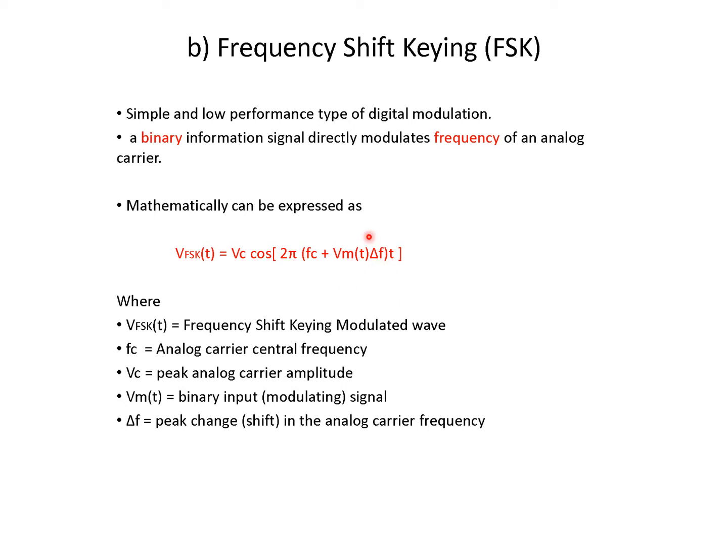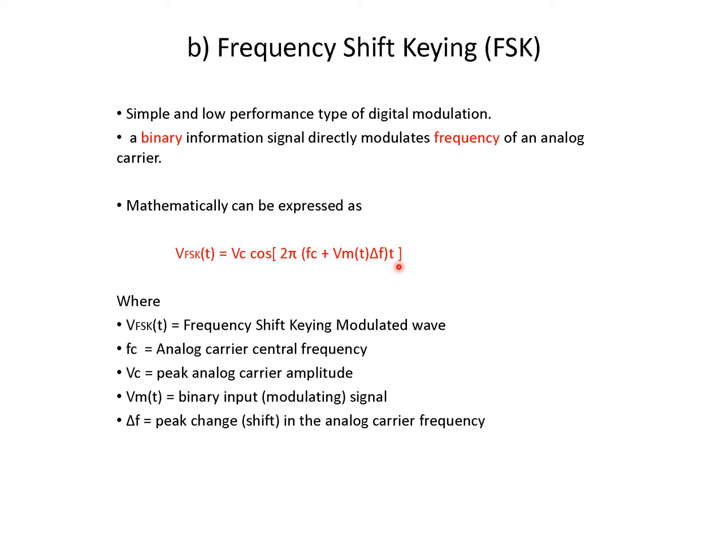In ASK, we added the Vm of t in the amplitude parameter, because it was an amplitude modulation. Here Fc is the analog carrier frequency, Vc is the peak analog carrier amplitude of the signal, Vm of t is the input binary signal, and delta f is the peak change in the analog carrier frequency.